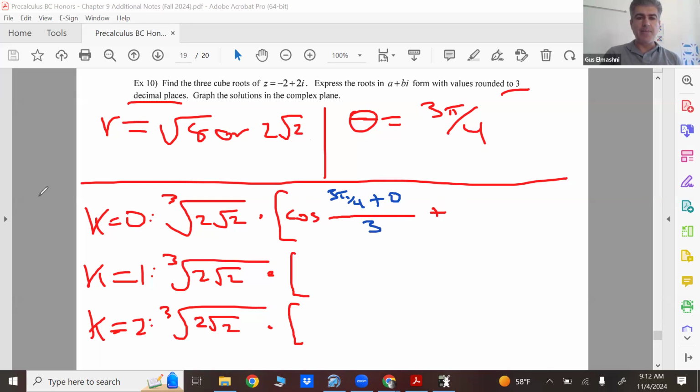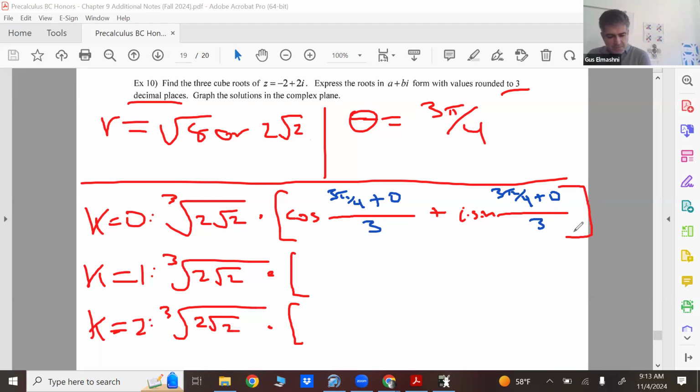And then I sine 3 pi over 4 plus 0 over 3. Okay, so we got that right. That looks good to me right now. Connects up. I'll calculate later.